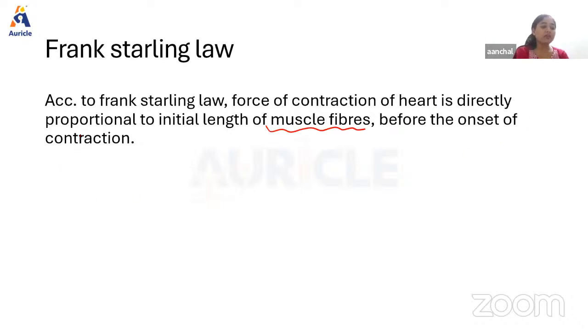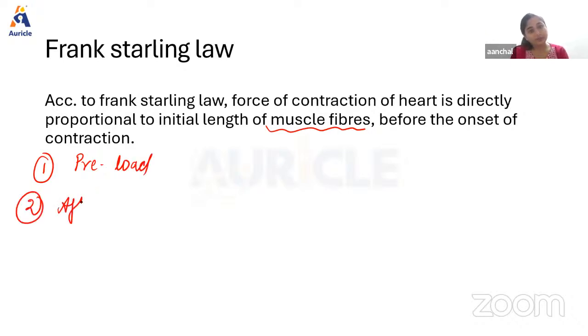Okay, and force of contraction depends upon two things. The first we have preload, and second we have afterload. Okay, now what is this preload and what is this afterload?